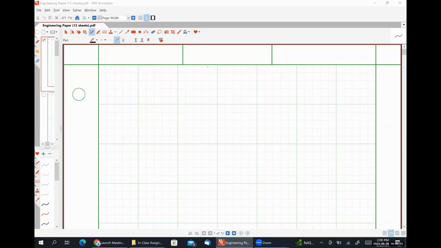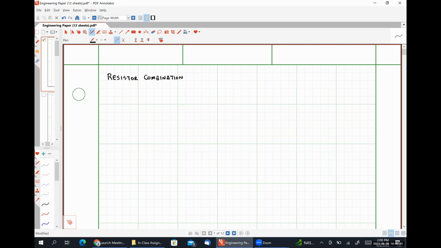What we're going to be talking about today is resistor combination techniques. For the most part, this is going to be a review from what you learned in your Engineering 120 series.